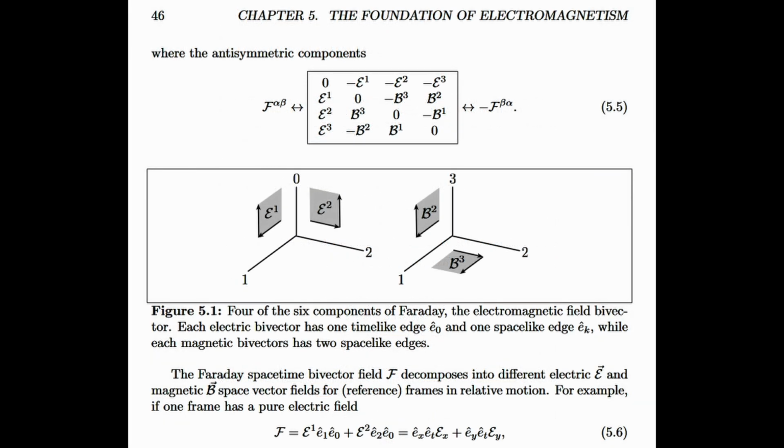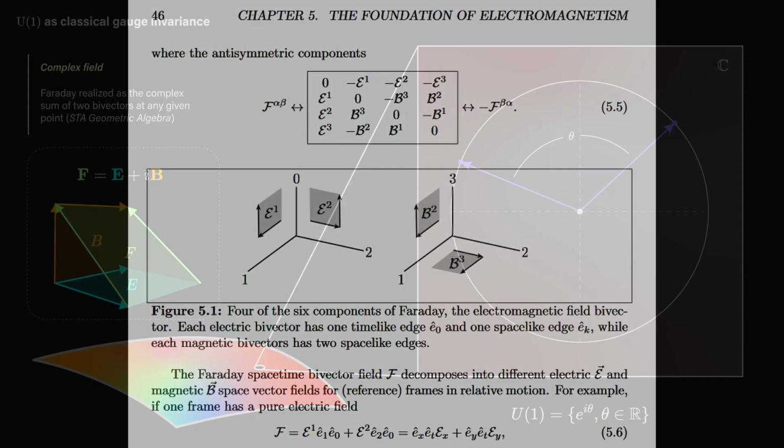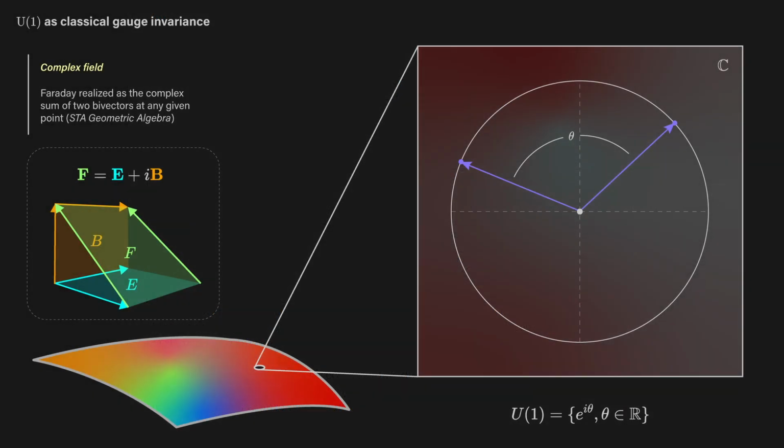The magnetic field B is given in terms of wedges of the basis bivectors of space, whilst the electric field is the basis bivectors associated to time and space. And the sum of the two is given by the regular bivector addition rule, which gives you the total Faraday field.